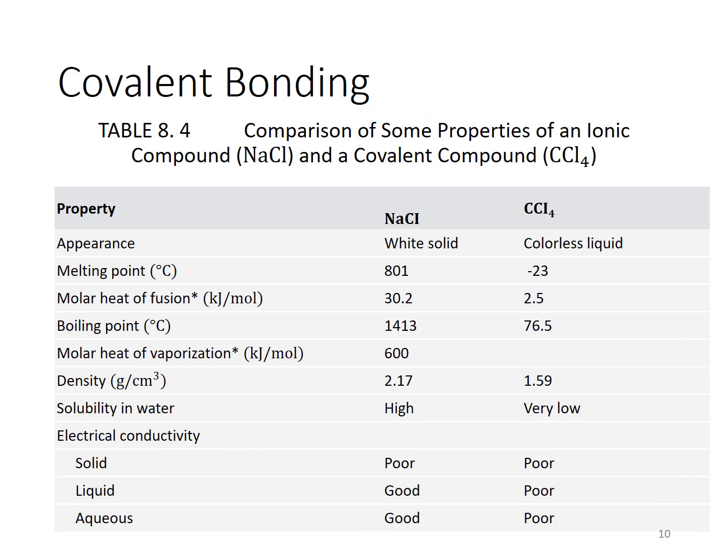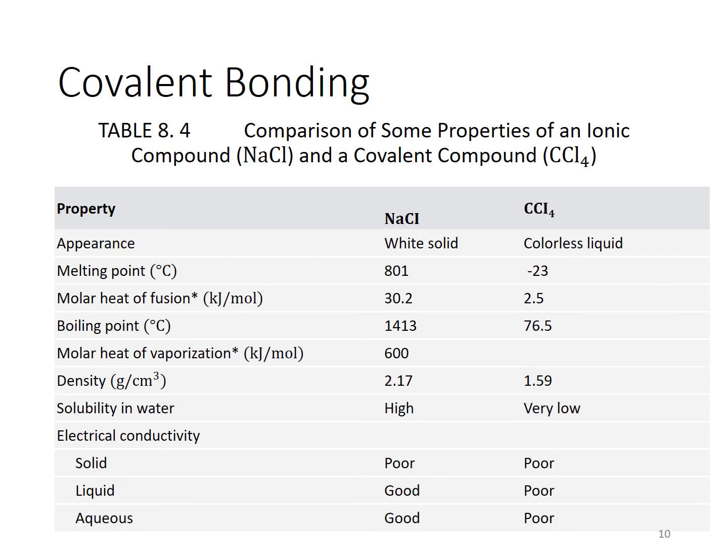Here's just a brief example of some of the physical properties between these two. So here you have sodium chloride, which is a representative ionic compound, and here's a covalent compound, carbon tetrachloride. And you can see in their appearance, sodium chloride we know is a white solid. This is table salt. Carbon tetrachloride is a colorless liquid.